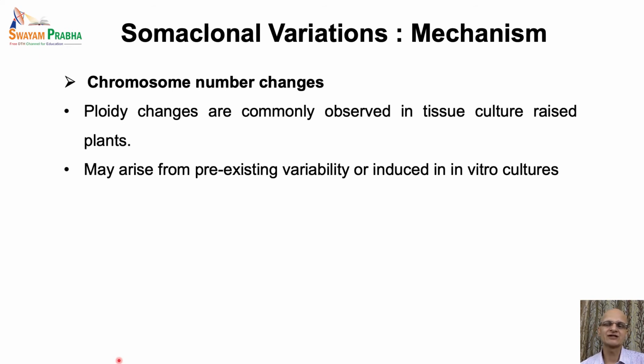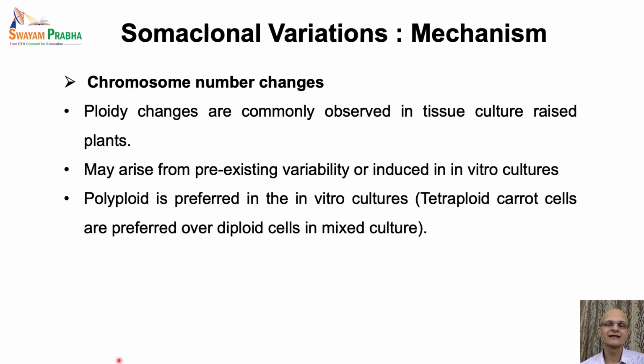And these changes might have resulted because of endoreduplication as we discussed earlier. However, it may be introduced or amplified in the in vitro cultures too, like polyploidy is favored or preferred in the in vitro cultures.